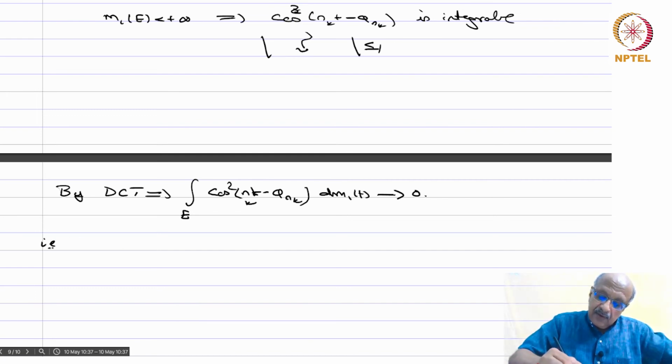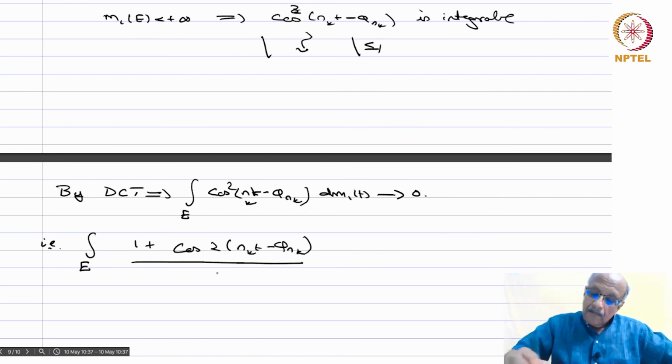That is, the integral over E of (1 plus cos(2(nk t minus phi nk)))/2 dm1(t) goes to 0.